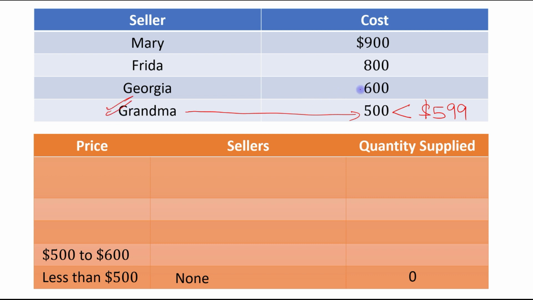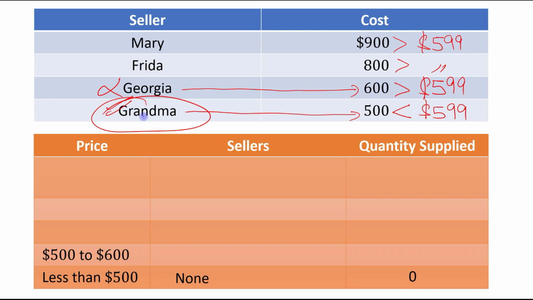But if we talk about Georgia, then Georgia will refuse to sell her painting services because the price offered to her is less than the lowest price that she would accept. So there will be only one seller in this case, which is grandma. And when there is one seller, then the quantity supplied is 1. Clear?